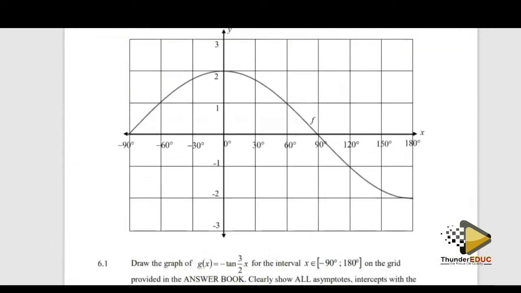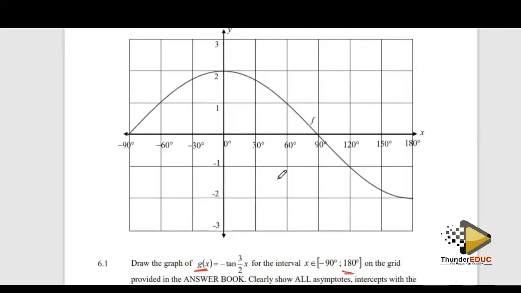Then question 6, which is the trig functions. In the diagram, we have f of x, 2 cos x, that is drawn in this interval. Can we draw the graph of g, which is negative tan x within this interval? So guys, it's up to you.